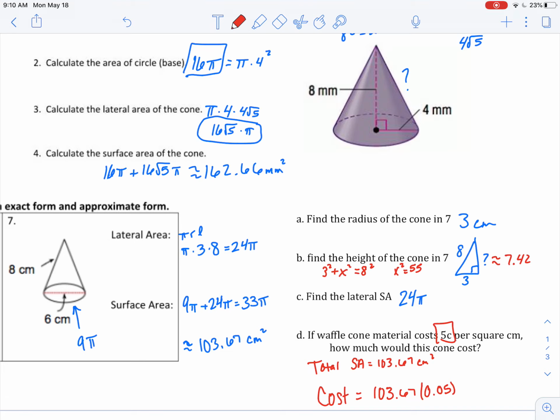So if the waffle cone costs 5 cents per square centimeter, how much would it cost? Multiply your 5 cents times how many square centimeters you have, and you get about $5.18.